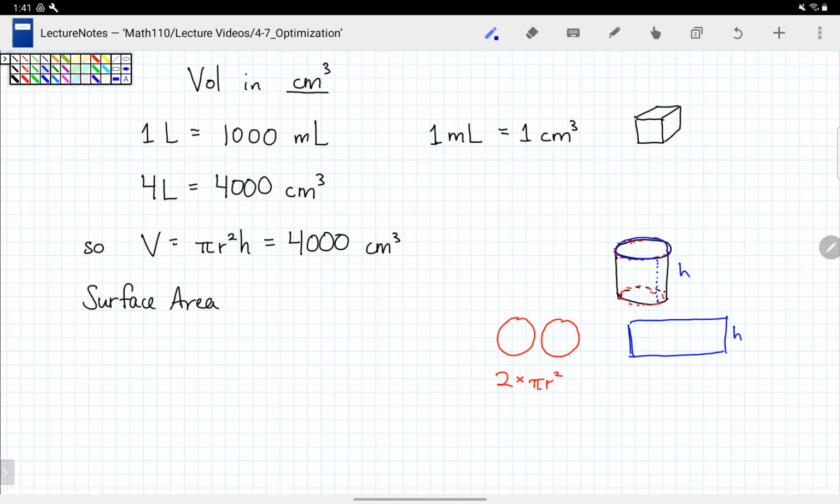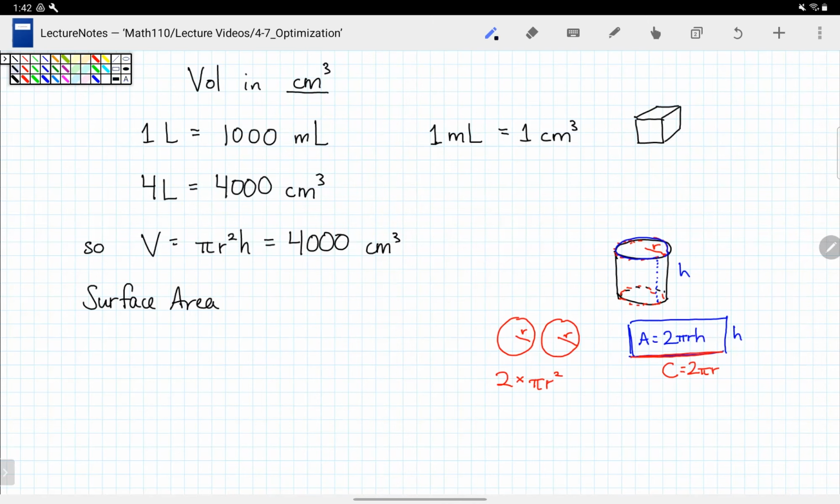And the width of the rectangle, if you think about it, is going to be the circumference of the circle, which is 2 pi r. So the area of the rectangle is going to be 2 pi r, that's the base length, times the height.